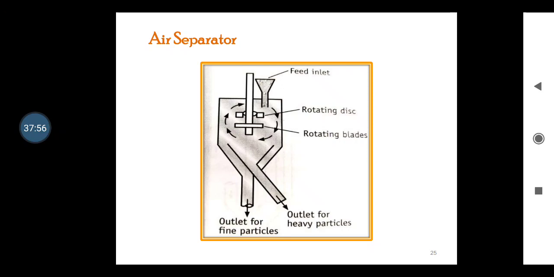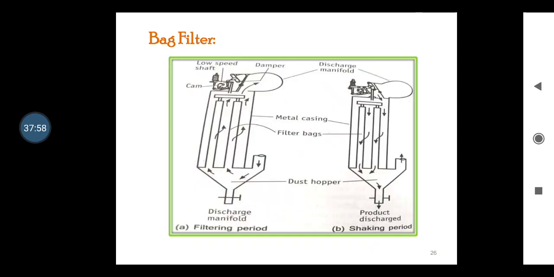As far as the bag filter is concerned, in the diagram there are two diagrams: one is the filtering period and the second is the shaking period. As far as the principle of this bag filter is concerned, the size separation of the fines from the crushed powder is achieved in two steps.